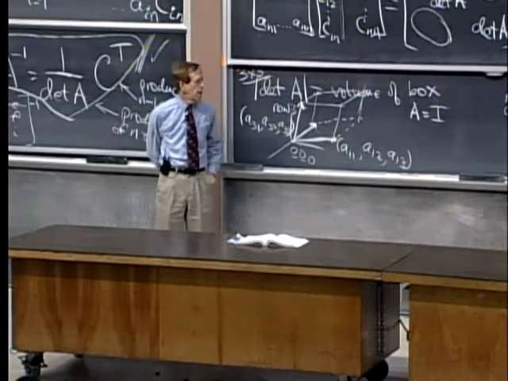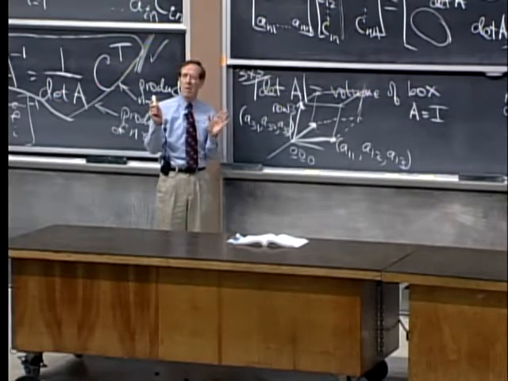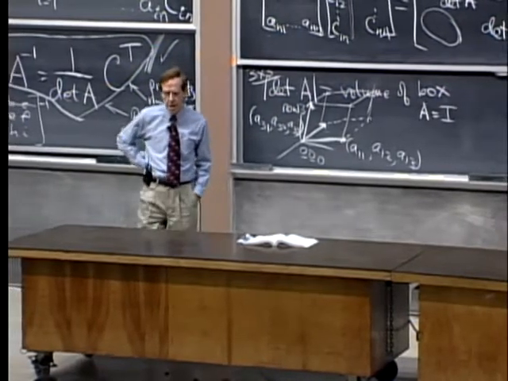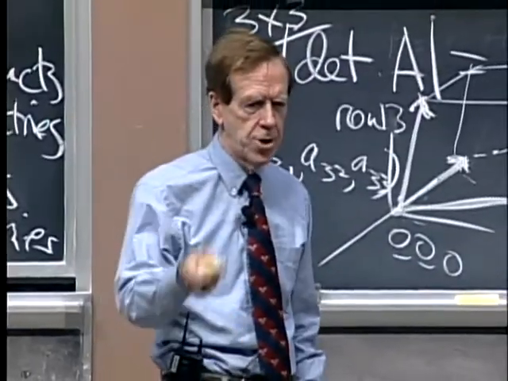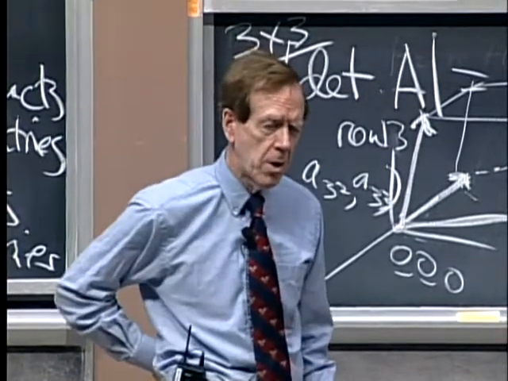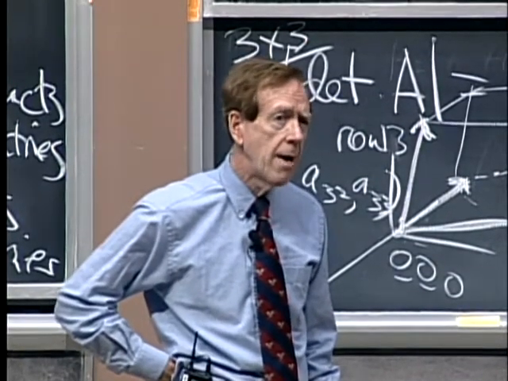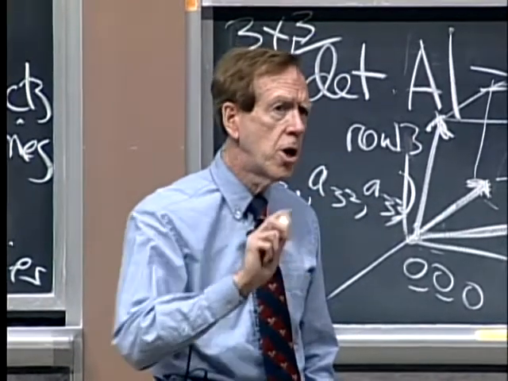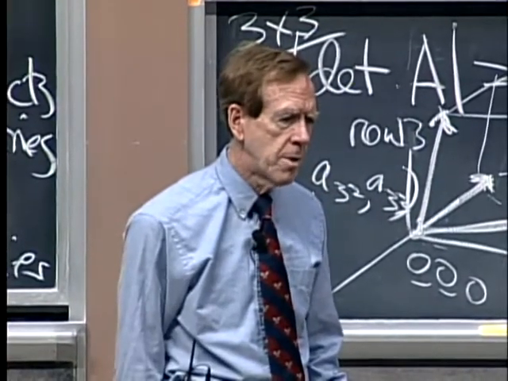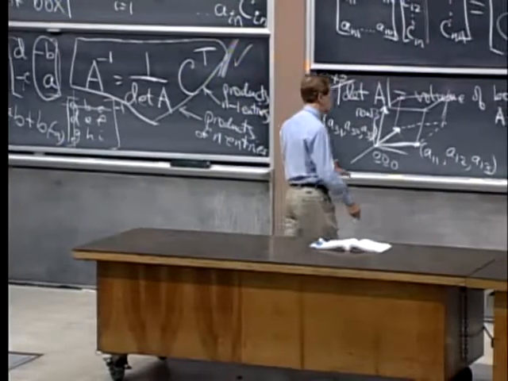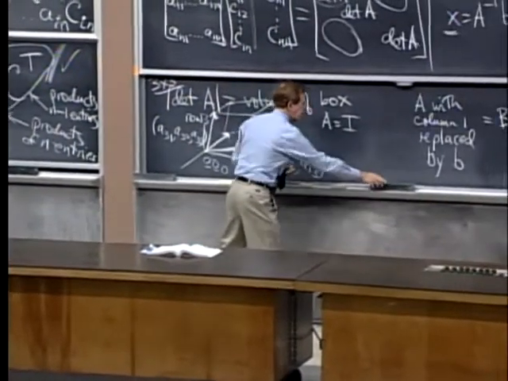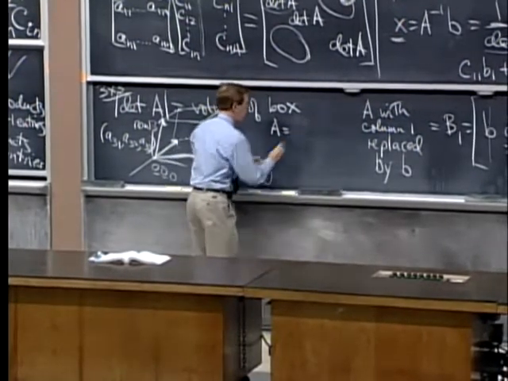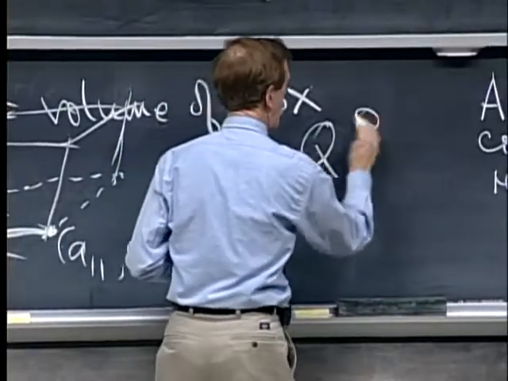Now, let me go up 1 level to an orthogonal matrix, because I'd like to take this chance to bring in the previous chapter. Suppose I have an orthogonal matrix. I always called those things Q. Suppose instead of the identity matrix, I'm now going to take A equal Q, an orthogonal matrix.